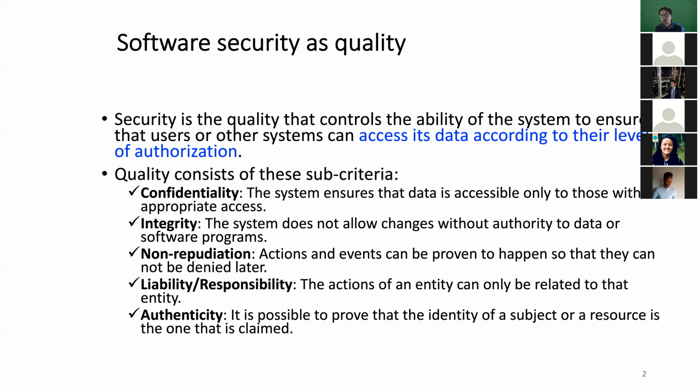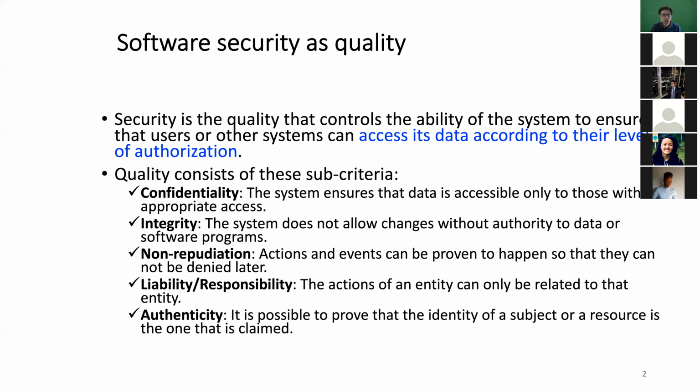But if you are a guest or a regular user, you don't have access to change some configurations. You can only get the information related to yourself. That is access to data according to the level of authorization.